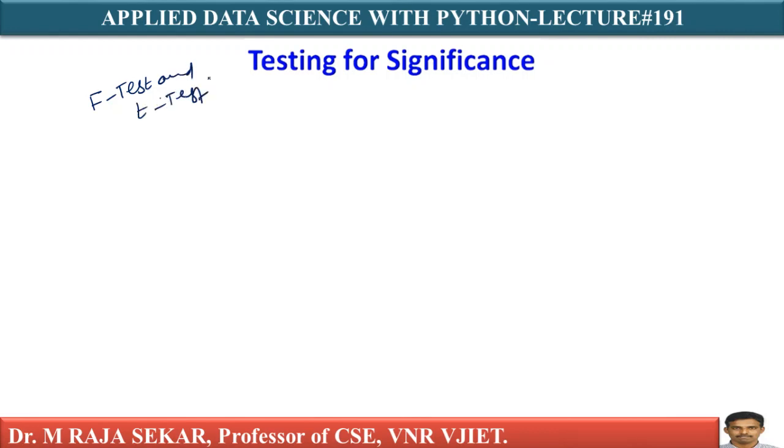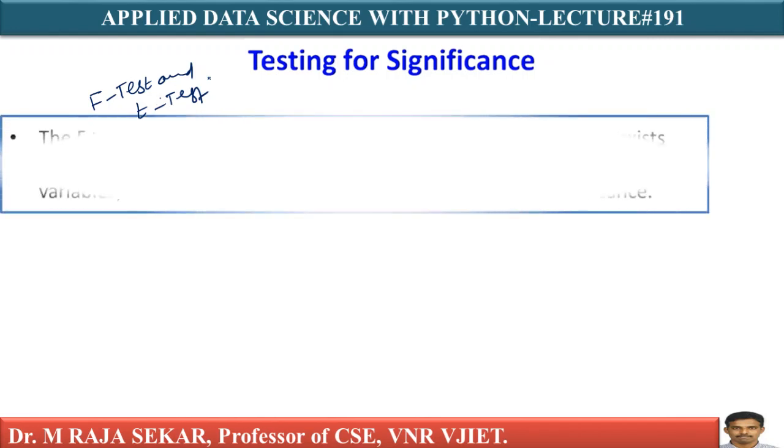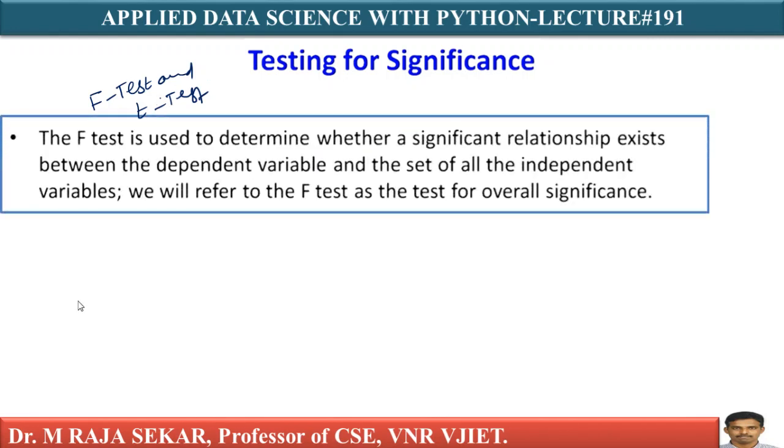What does it mean? The F test is used to determine whether a significant relationship exists between the dependent variable and the set of all independent variables. We will refer to the F test as the test for overall significance.